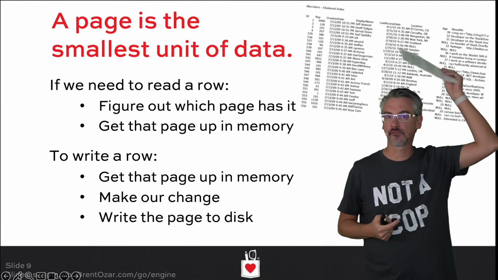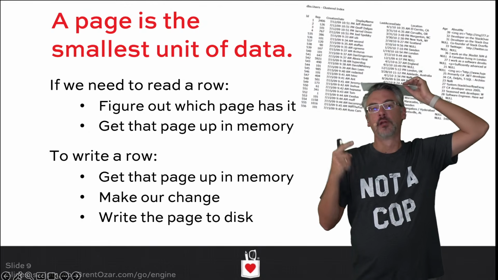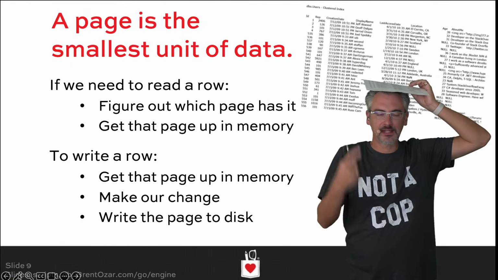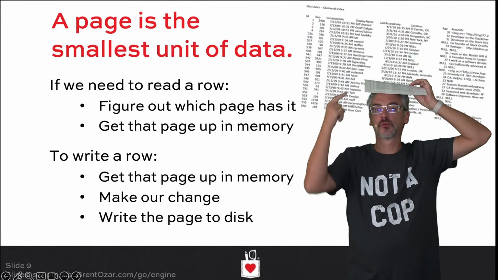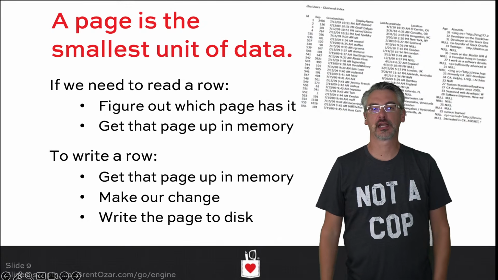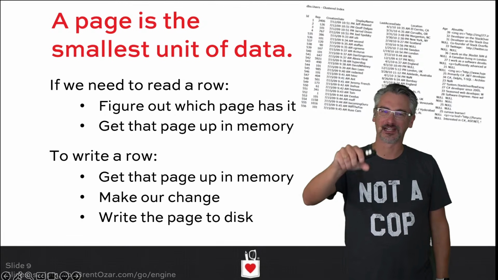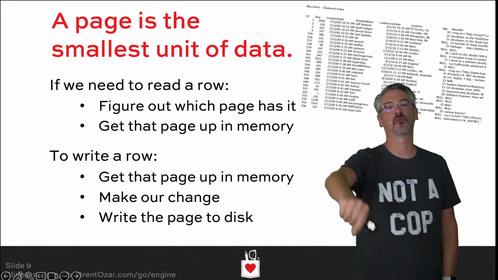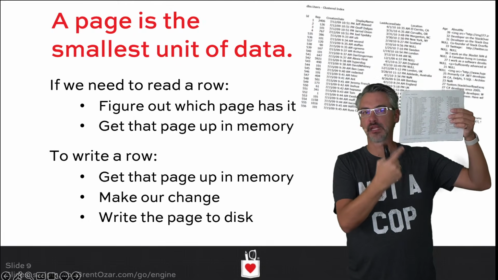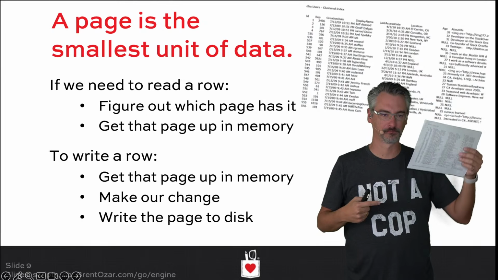SQL Server just shuffles them back and forth. These 8K pages are also the minimum amount of data that SQL Server needs to read from memory. I know when I thought I was just getting a row, that SQL Server would magically go on the disk and pull off just one row from the disk, but that's not how it works. SQL Server's minimum unit of I/O for these indexes is one entire 8K page.